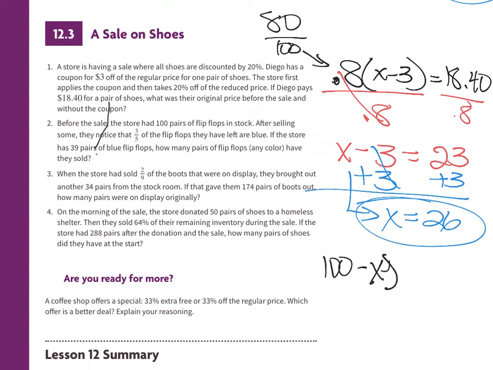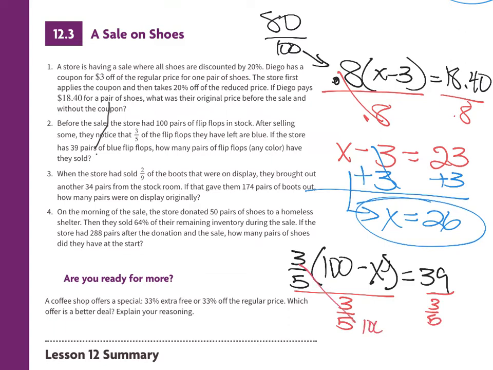Okay, after they sold that, they noticed that 3/5 of them were blue. So we're going to go 3/5 times (100 minus X), and that's going to equal how many total blue ones they had, which is 39. Okay, so once again, to get rid of parentheses, we divide by the number outside the parentheses. We're going to divide by 3/5.